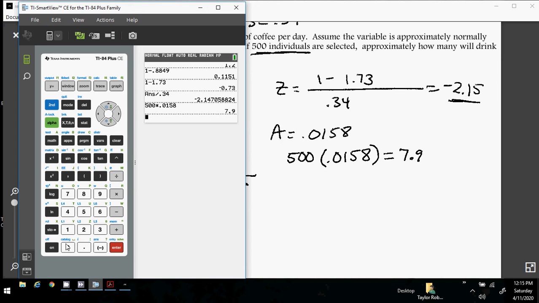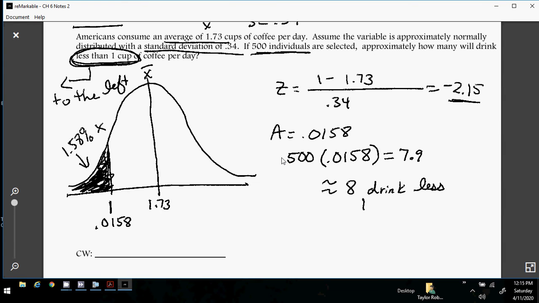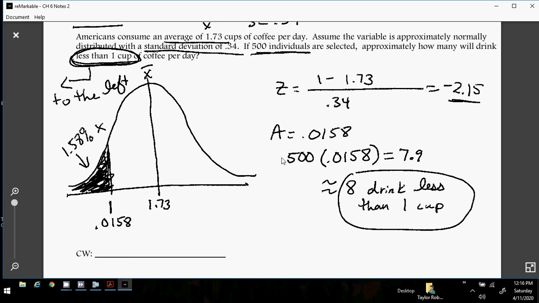Now, you can't say that 7.9 people drink less than 1 cup of coffee. You have to have a whole person, right? So we're going to say approximately 8 drink less than 1 cup of coffee. Alright, so anytime it asks you for the specific number and it gives you an n, then it's just wanting you to multiply that total number times that decimal that you got there.